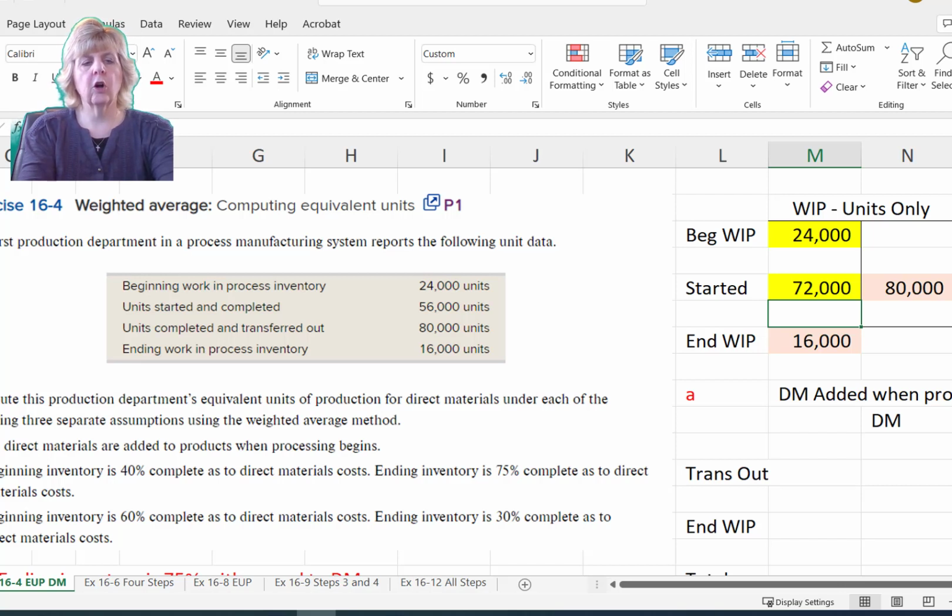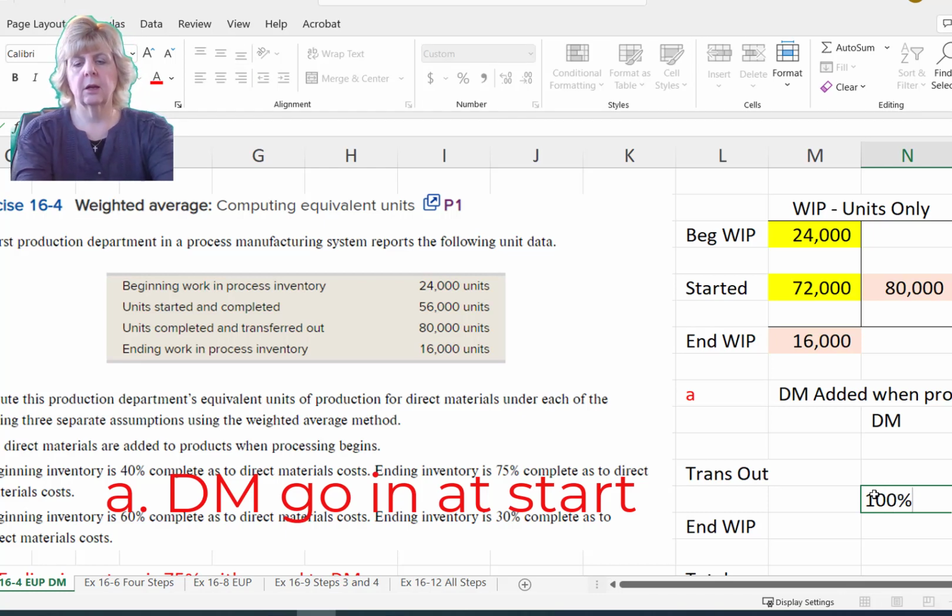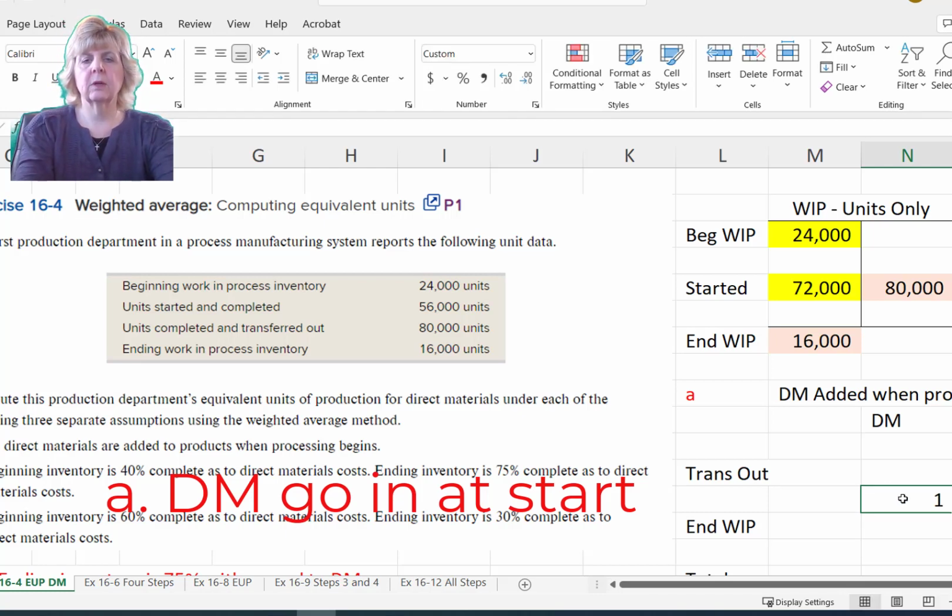A says all the direct materials are added to the product when the processing begins. Okay, what does that mean? Think of cookies being made. All the ingredients go into the cookies as soon as the beginning process, or the mixing process probably, is underway. So in weighted average costing, always 100% of the units will have received the direct material.